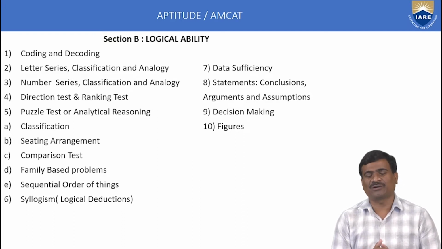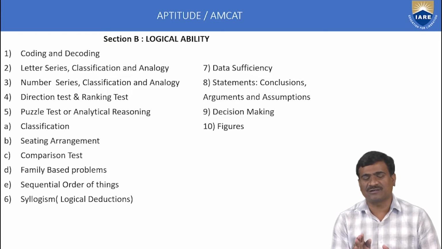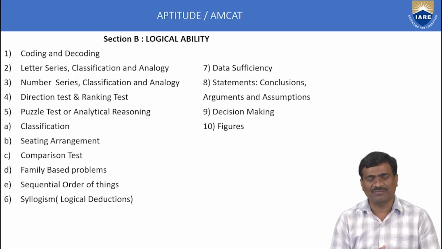Next, important: logical deductions or syllogism, statements and conclusions. That model is again important, with minimum 2 to 3 marks from the logical deduction topic. Next, data sufficiency, sufficient or not. And next, important: decision making.